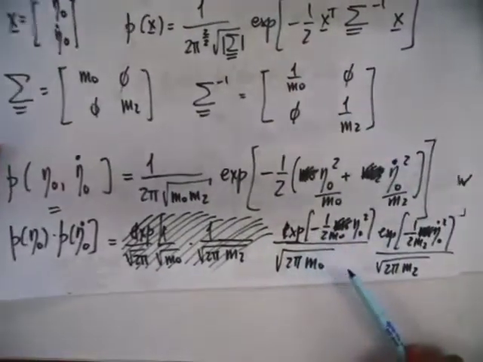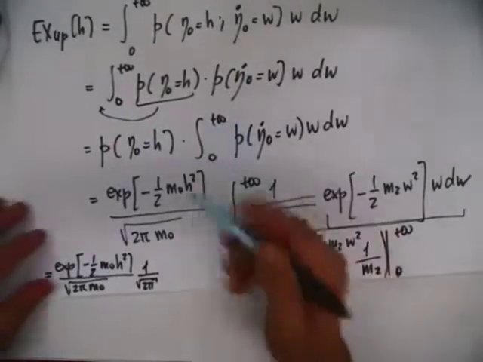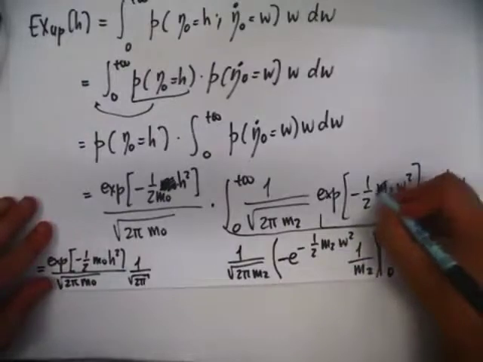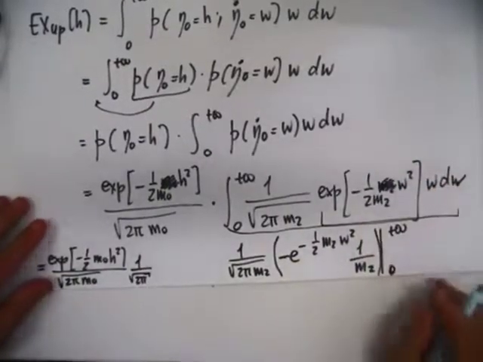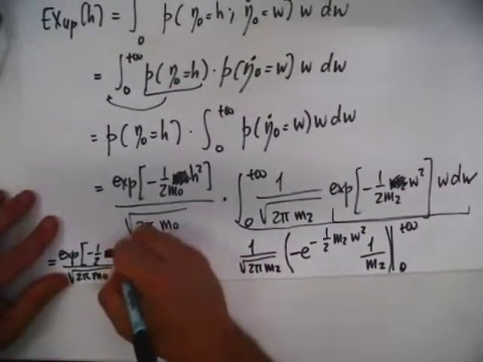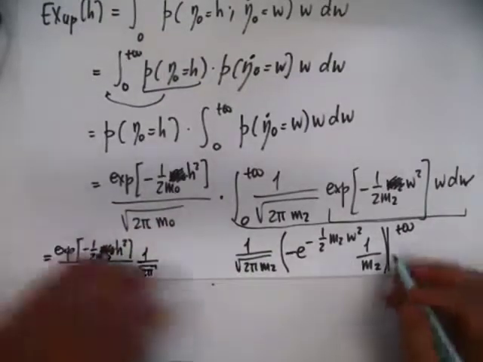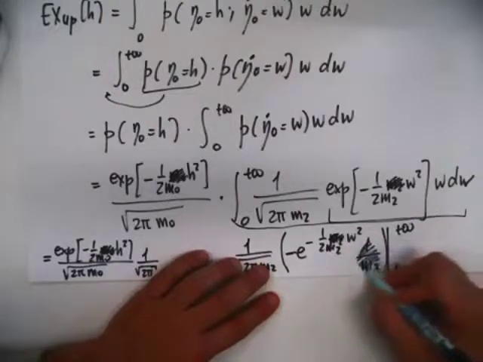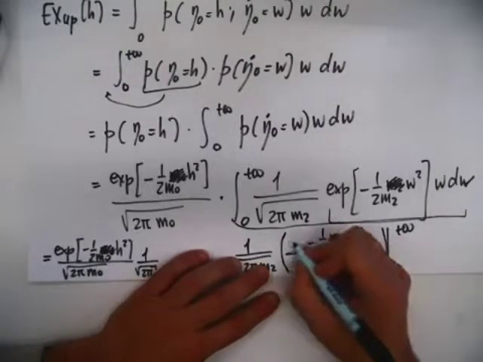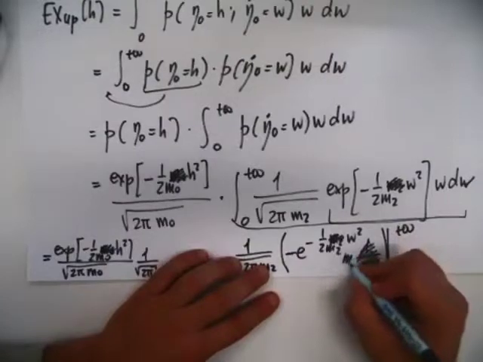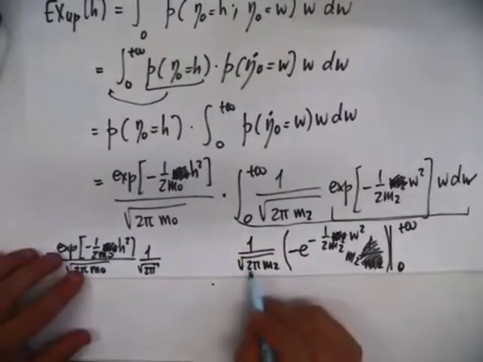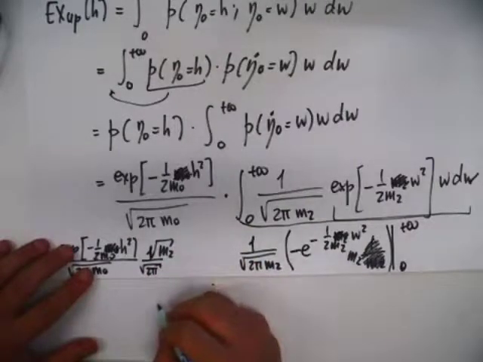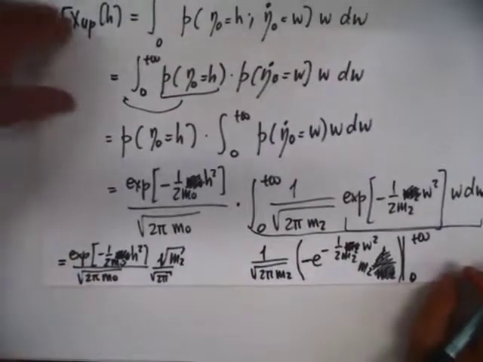When we do the correction here, this belongs here, m0, and this belongs here, as m2. Then when I do this integral, the m2 is in the denominator, so I need to have m2 in the numerator, so that when I do the simplification, this becomes square root of m2 here, and that's it.